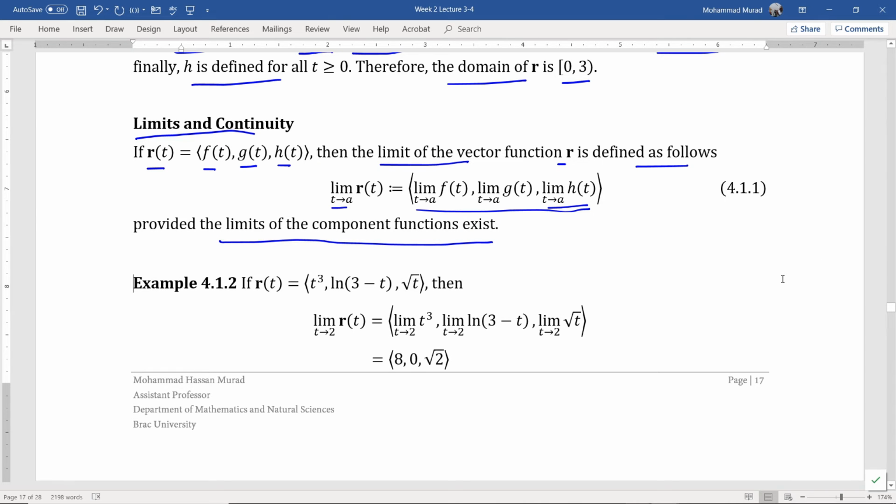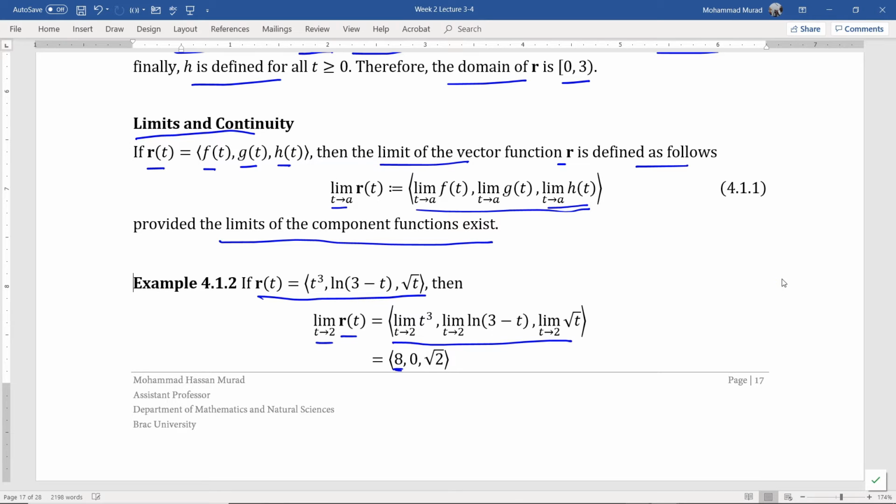Let's have a look at an example. If R of t, the vector function, is defined as in the previous example, then the limit of the vector function R as t approaches 2 is the vector with these components. The first component is the limit of t cubed as t approaches 2, which gives us 8.